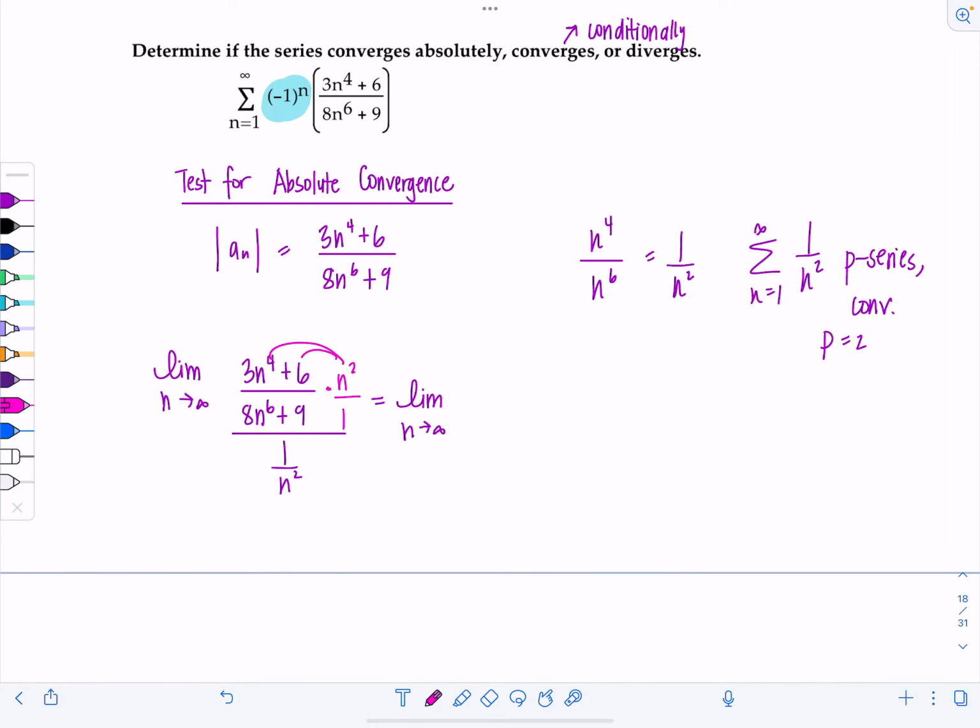And then that's going to distribute. So we have (3n^6 + 6n^2)/(8n^6 + 9). And then now to take this limit, let's divide by the highest power of n from the denominator, so that's n^6.